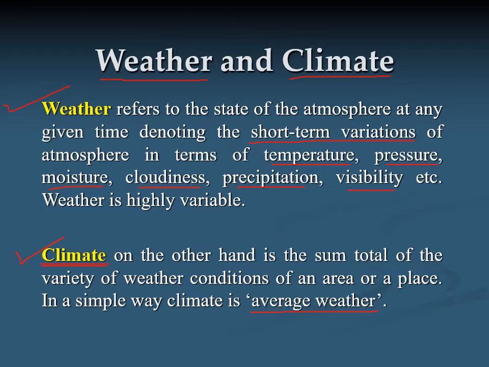So you have to average the entire atmospheric conditions throughout the year, and after that you have to average those weather conditions for a longer period of time, at least tens or hundreds of years. You have to observe those data, and then only you can say the climatic condition of your hometown.